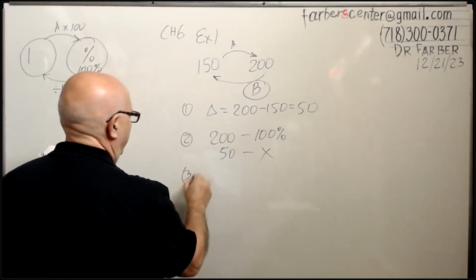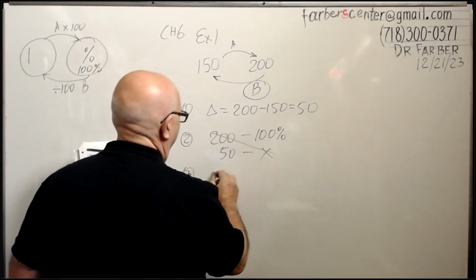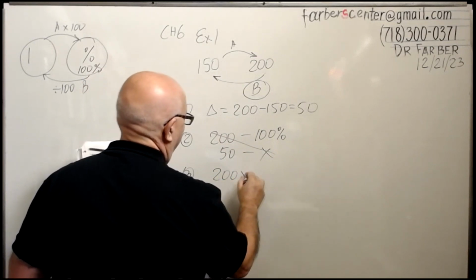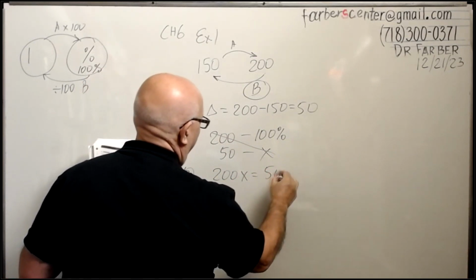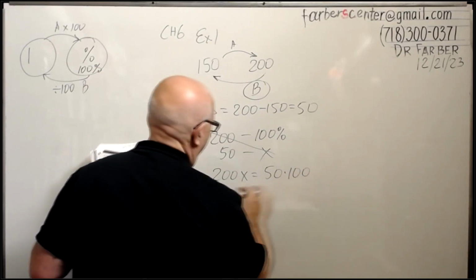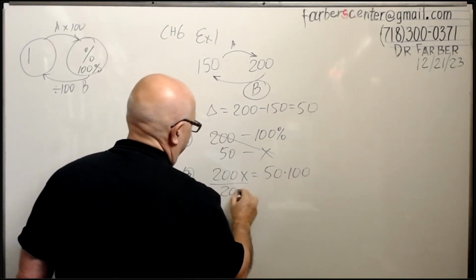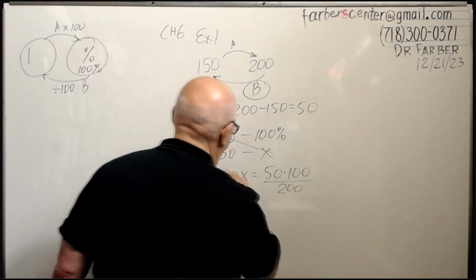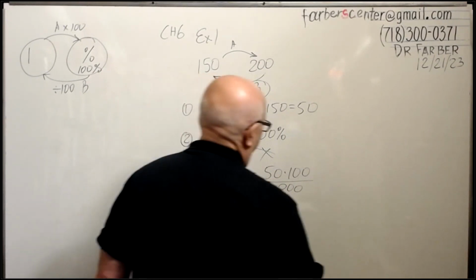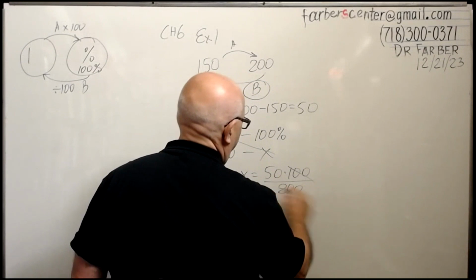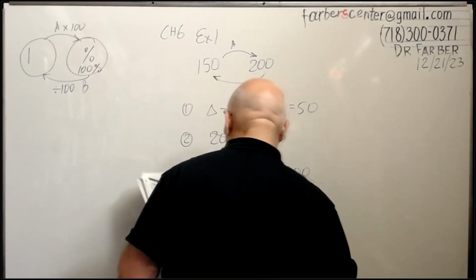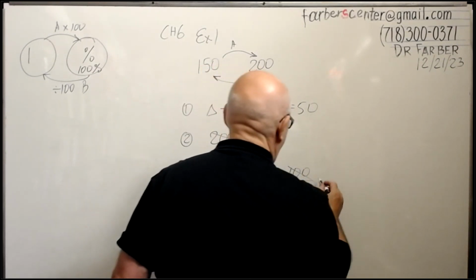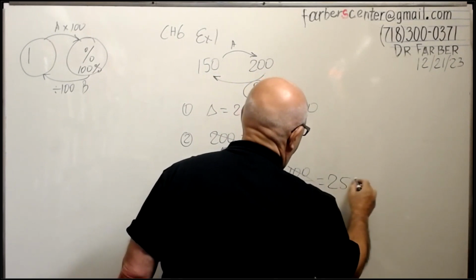That's why step 3: 200x equals 50 times 100. Divide both parts by 200, and this goes 2 times. They ask how many percent, right? 25%.